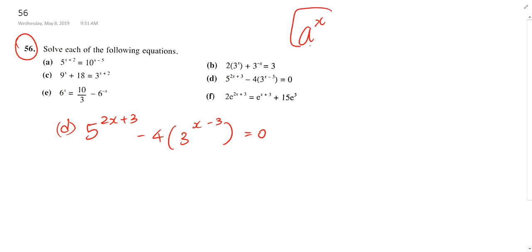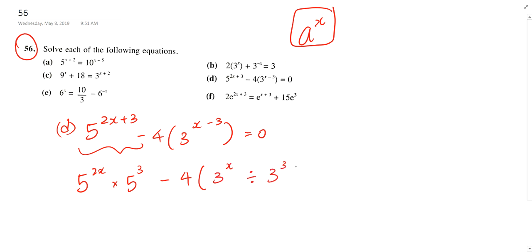I want you to be able to isolate a constant to the power x. So what do I mean? This is the same as 5 to the power 2x times 5 to the power 3, then minus 4 times 3 to the power x divided by 3 to the power 3, equals 0. Am I right?